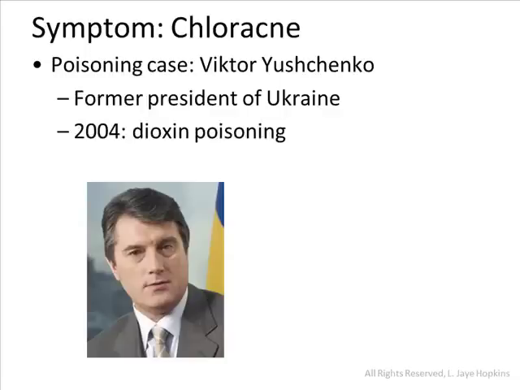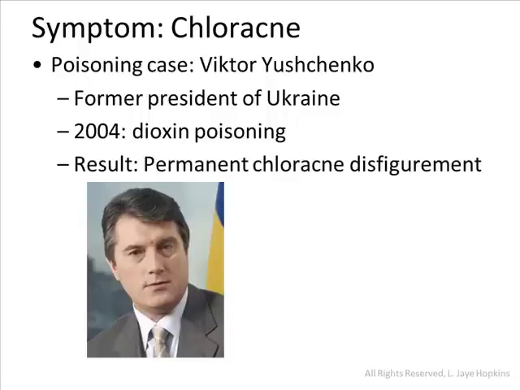Now, we have to be careful here because, of course, he says his opponents poisoned him, and his opponents say he poisoned himself, and I'm not about to get into that argument. However, we do have a lot of evidence that suggests he did experience dioxin poisoning regardless of where it came from. As a result, he experienced chloracne.